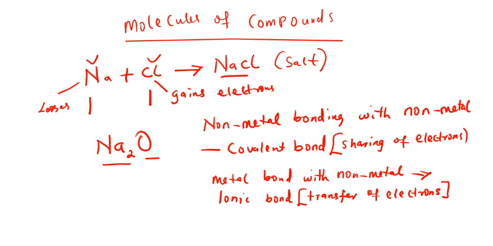Sodium is a metal, while chlorine is a non-metal, so their bonding results in what we call ionic bonding.